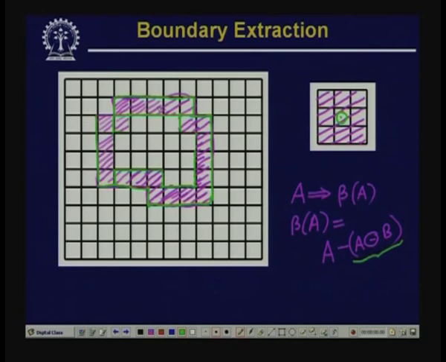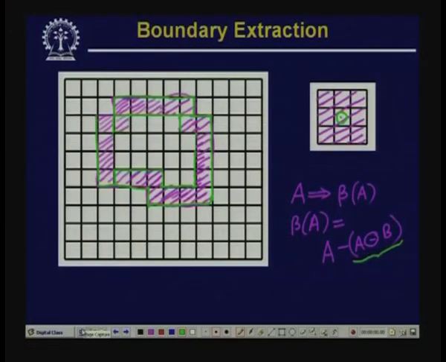So here you find that the boundary of a given object region can be very easily determined by performing the erosion of the original point set A with a 3 by 3 structuring element, and finally subtracting the eroded image from the original image. Then what you are left with is the boundary of the given object region. So, this is a very simple operation.